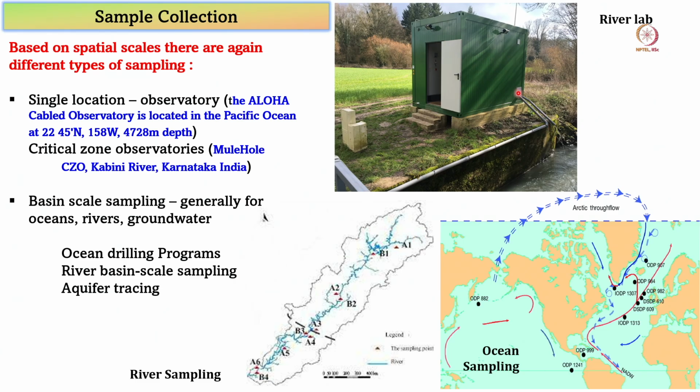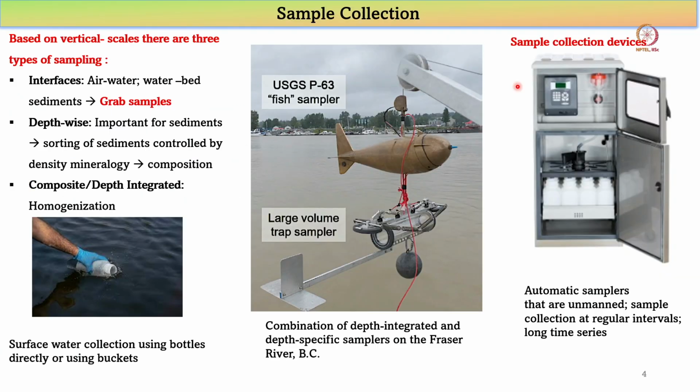It will be entering the lab here, and through an automatic system, the water will be filtered and collected in different bottles. The filtration can happen there itself, or sometimes it can just collect the unfiltered water, or whatever you are trying to measure, it will just collect the water.